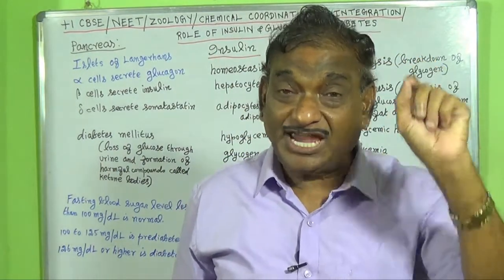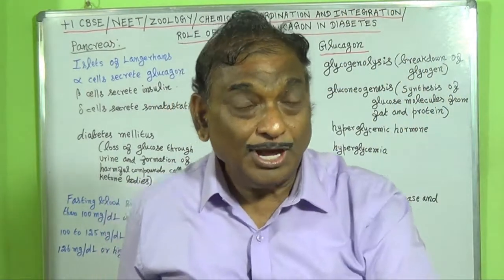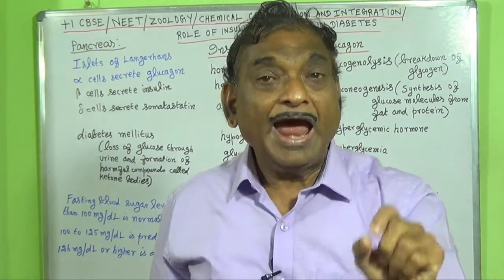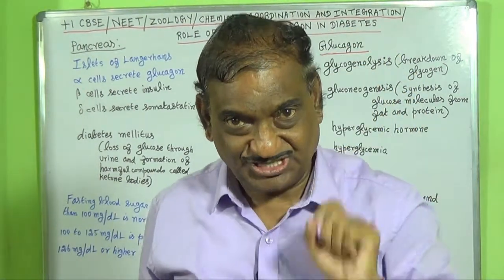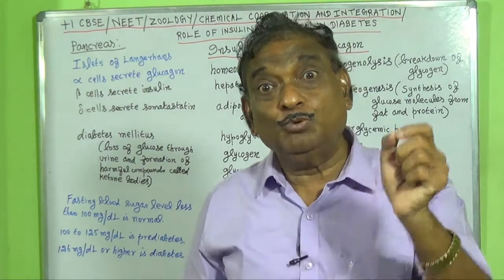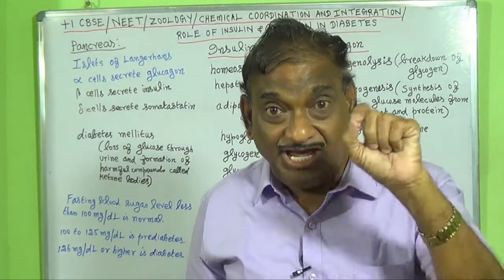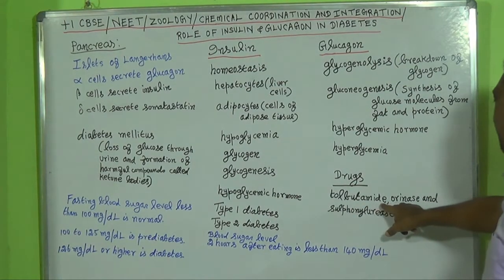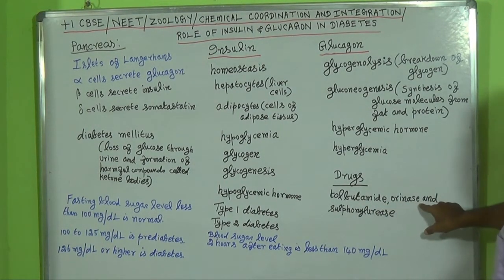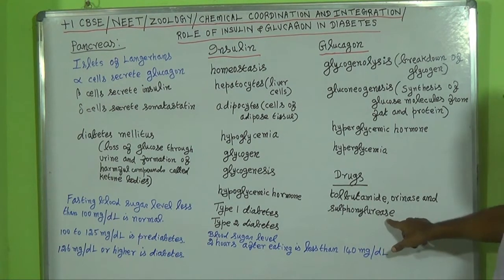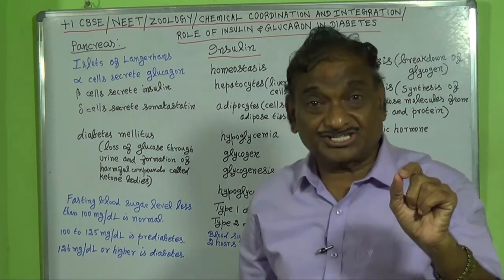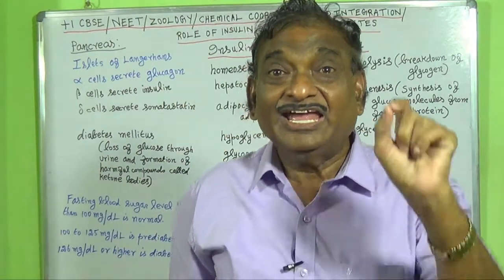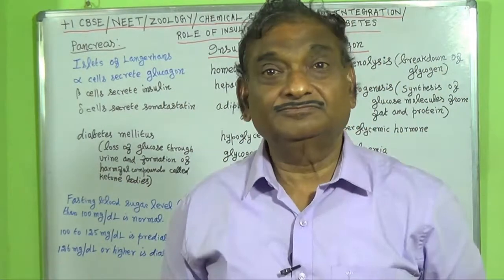The diabetes can be kept under control by the administration of insulin hormone and hypoglycemics such as tolbutamide, orinase and sulfonylureas. These are the drugs. These drugs will enhance the secretion of insulin.